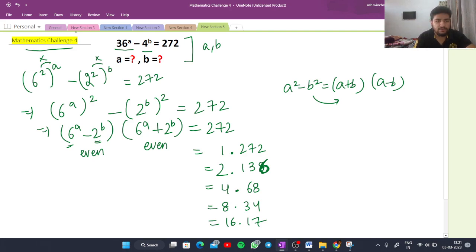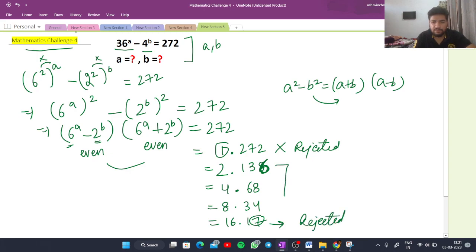Now as we wanted even numbers but 1 is odd, this will be rejected. Similarly, 17 is odd, so this will be rejected as well. We are left with 3 cases. We'll call them case 1, case 2, case 3.